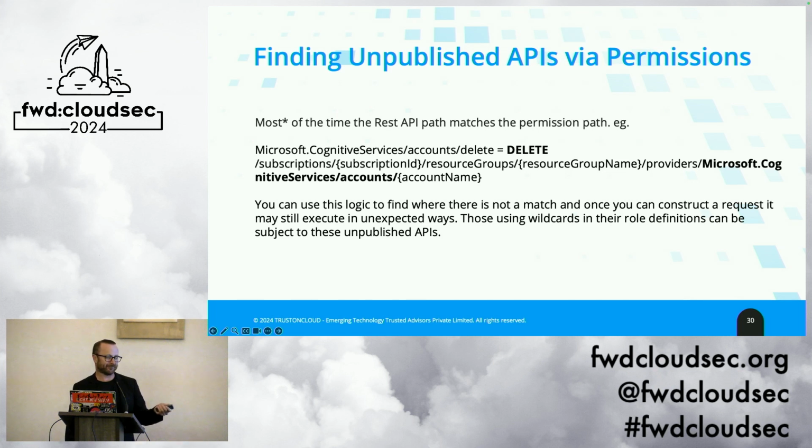That match works about 56% of the time. Then if there's no match and you've got a permission sitting out there, you can reverse engineer it to figure out whether there is an API. Test it in Postman and see if it exists. We have found some success doing things that way as well. You may have to construct a POST request and do other stuff if it's an action, but there are definitely things there that you could uncover.